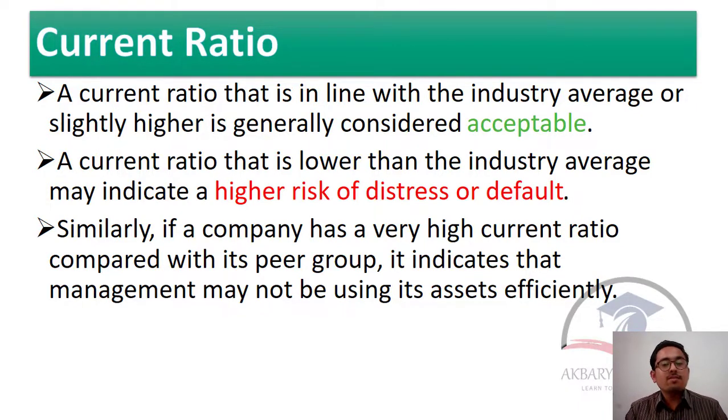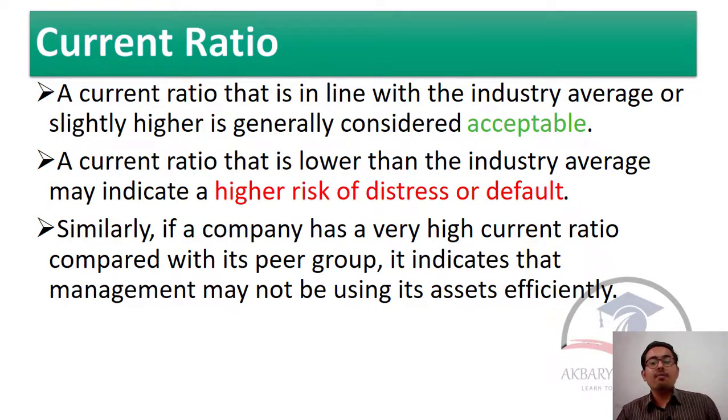A current ratio that is lower than the industry average may indicate a high risk of distress or default. If it is lower than the industry average, it may indicate that the company is a bit incapable of covering its short-term liabilities in comparison to its peer group.